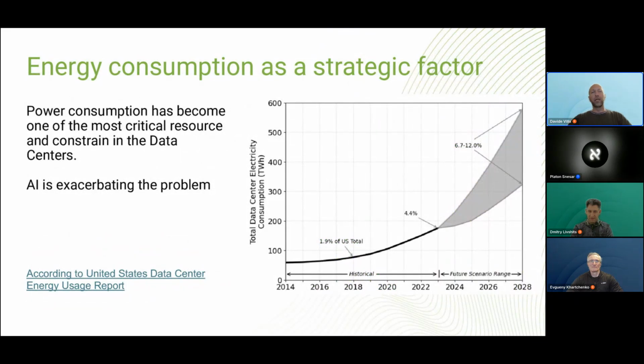So why are we spending time looking at power efficiency? Power is becoming a main problem in the data center. It was already a problem in the past, and now it's becoming one of the most critical resources when planning a new data center deployment, due to the fact that AI is bringing much higher workload, and GPU tends to be very power hungry.